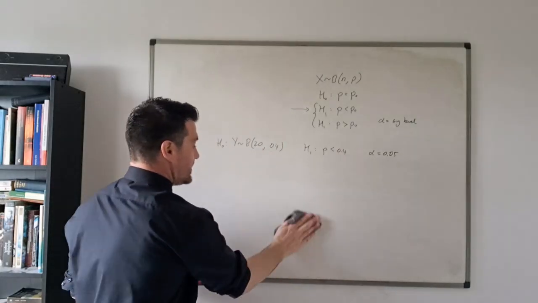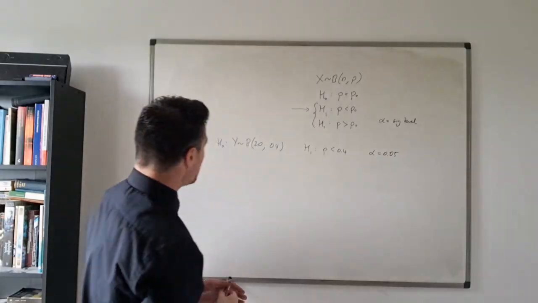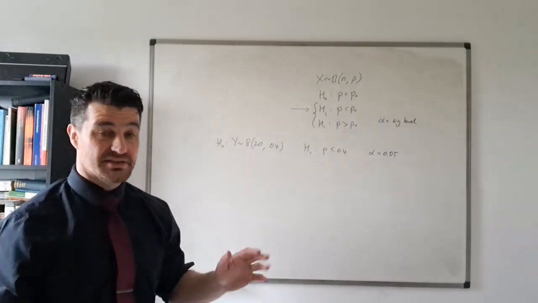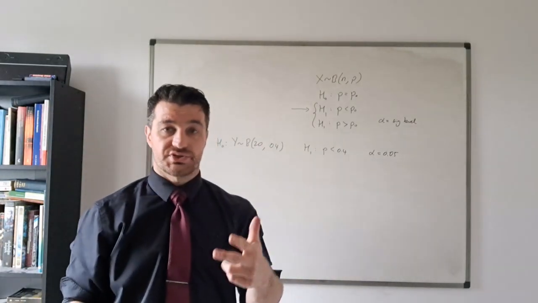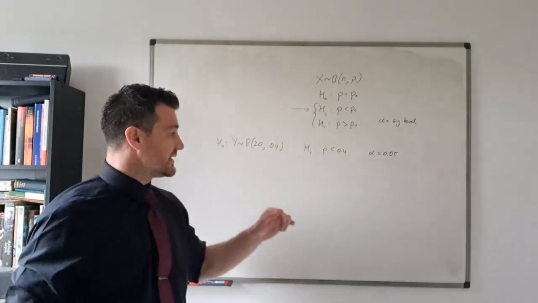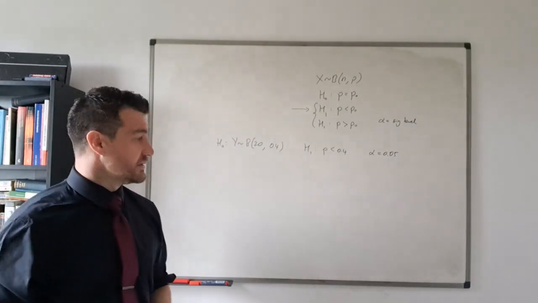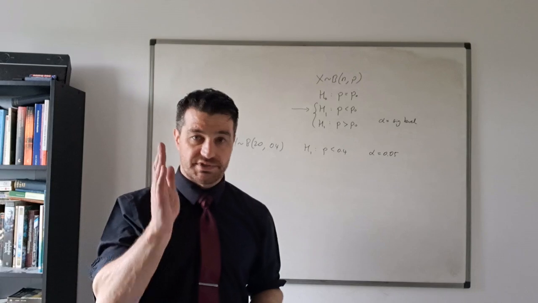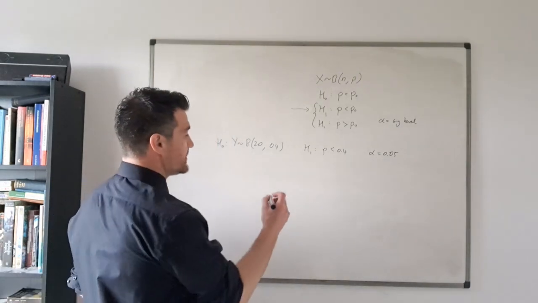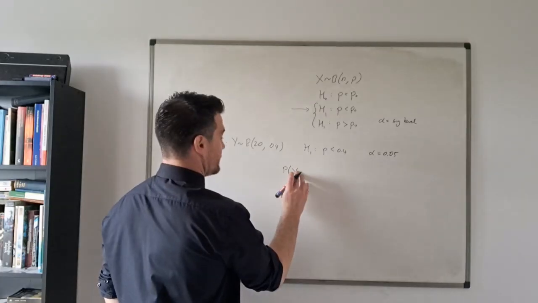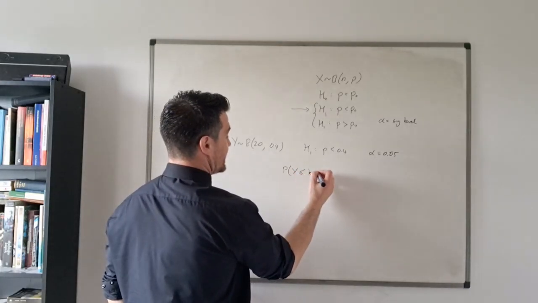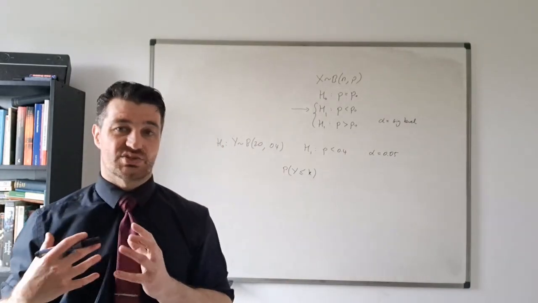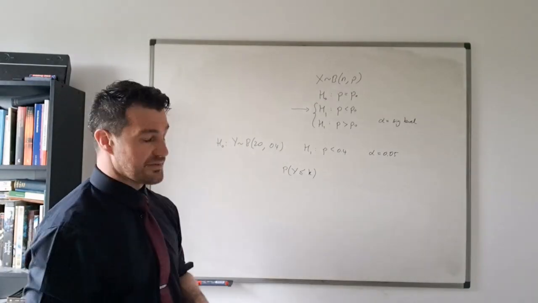So what are we looking for? Well, with our distribution here, Y, what are the possible outcomes? If we do this experiment, what are the possible outcomes? 0, 1, 2, 3, 4, up to 20, right? So integer values from 0 to 20 inclusive. But there's going to be an outcome that I obtain, k, such that the probability that Y is less than or equal to k, so the probability of getting that outcome or something more extreme than it, is too small for me to accept the null hypothesis.